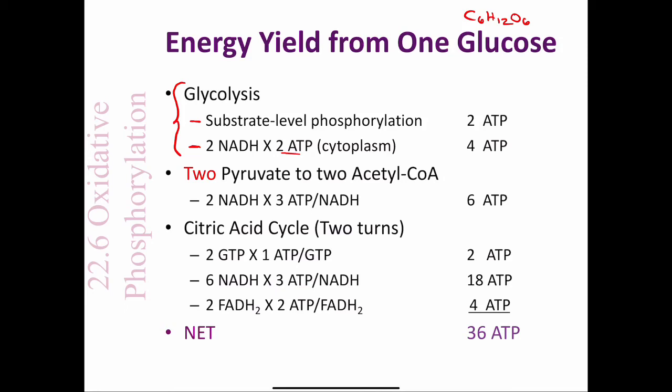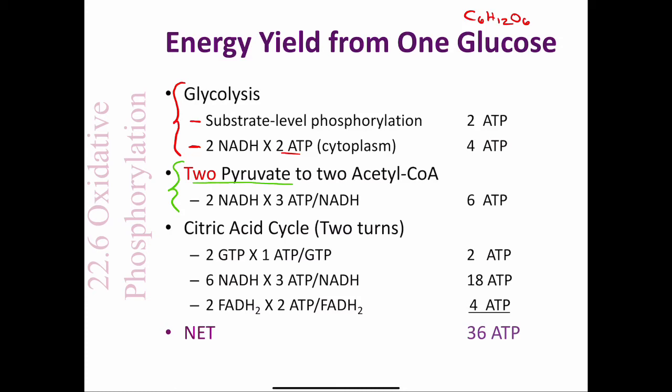Then, of course, in glycolysis, not only do we produce 2 ATPs and 2 NADHs, we also produce two pyruvate molecules, and we have to convert those into acetyl coenzyme A so that they can enter the citric acid cycle. In the process of converting those pyruvates into acetyl coenzyme A, we produce 2 NADHs, and each one of those is worth 3 ATPs.